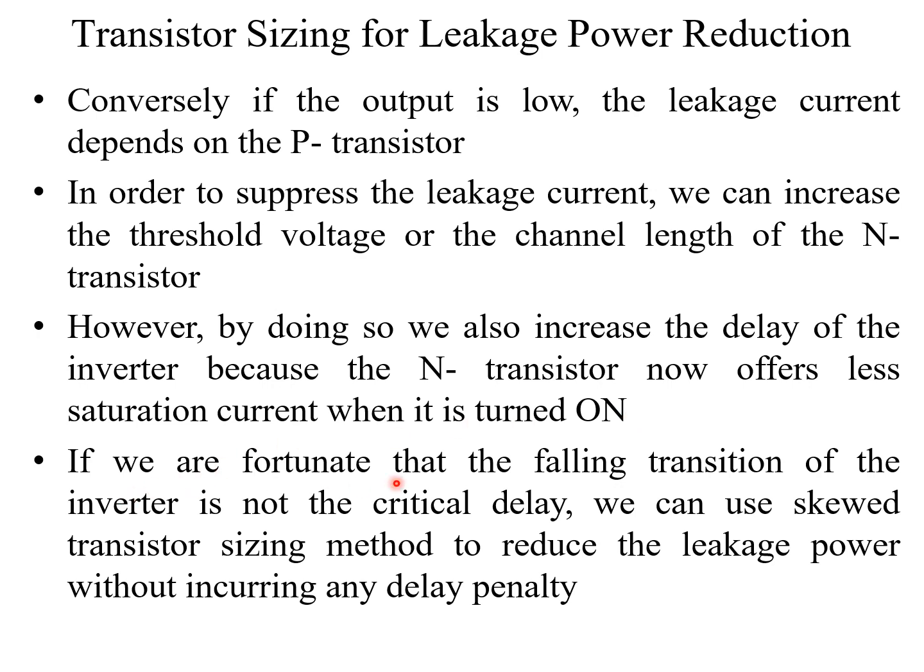If we are fortunate that the falling transition of the inverter is not the critical delay, we can use the skewed transistor sizing method to reduce the leakage power without incurring any delay penalty.